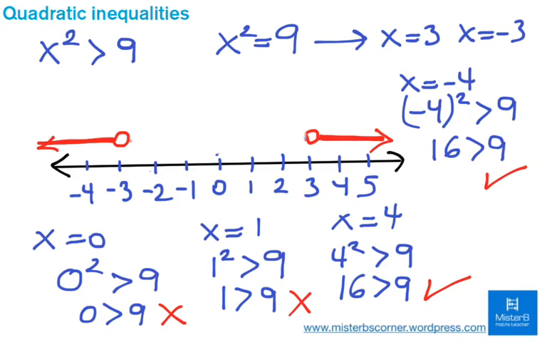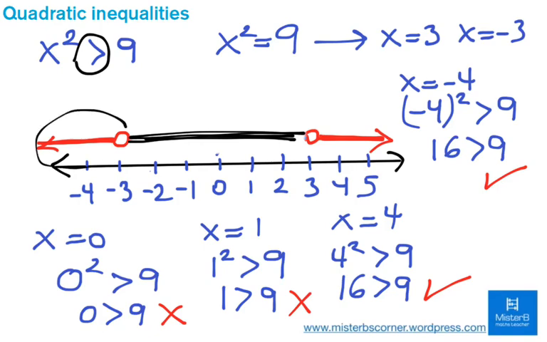So basically, if we change the inequality to the other side, then instead of considering this region, we consider the opposite as our solution, which is this region. And obviously, if we have an equal sign here, then we have to fill in the circles.